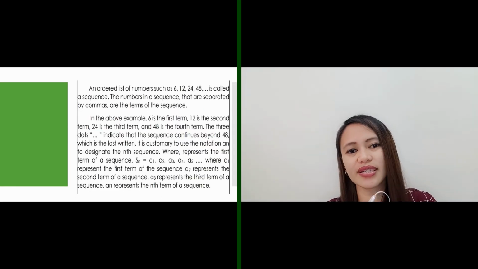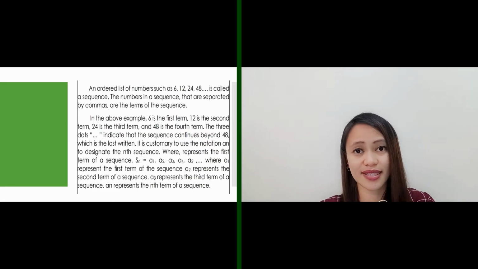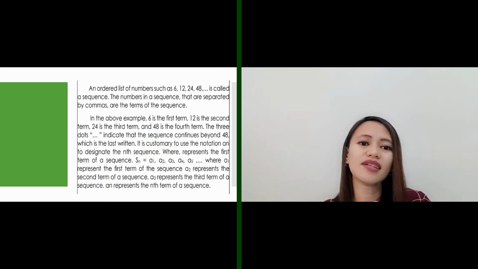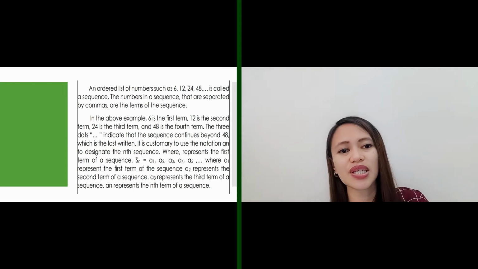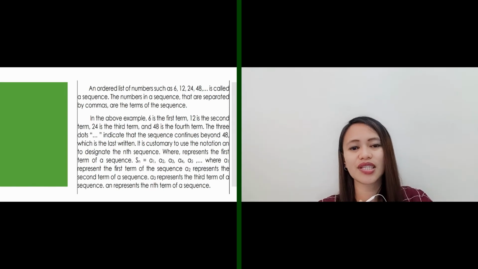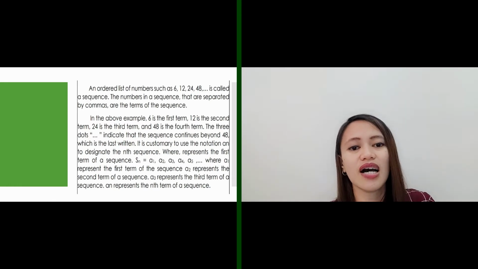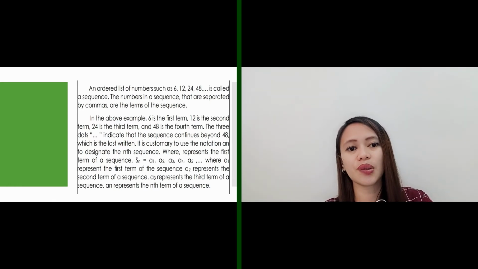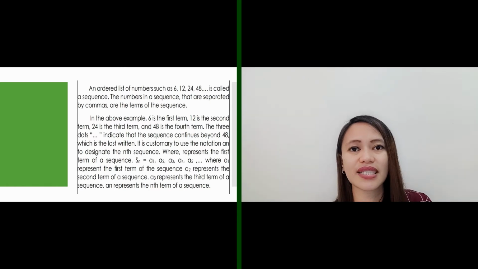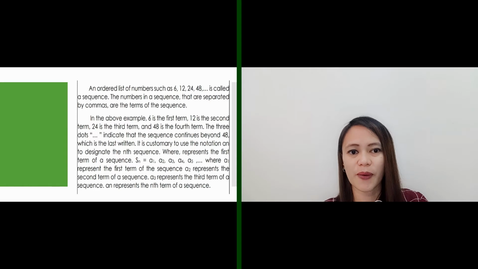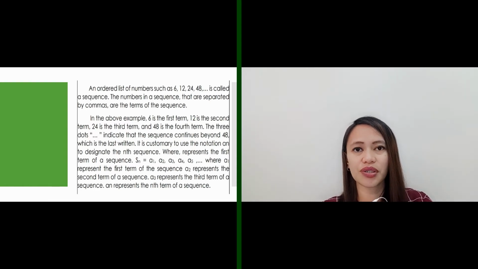An ordered list of numbers such as 6, 12, 24, 48, and so on is called a sequence. The numbers in a sequence that are separated by commas are the terms of the sequence. So what do we have there? An example: the first term is 6, the second term is 12, the third term is 24, and the fourth term is 48.